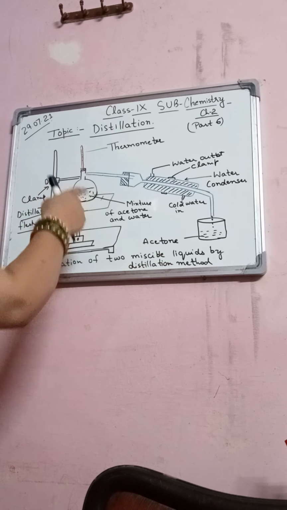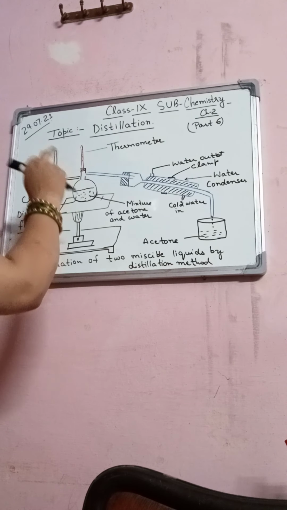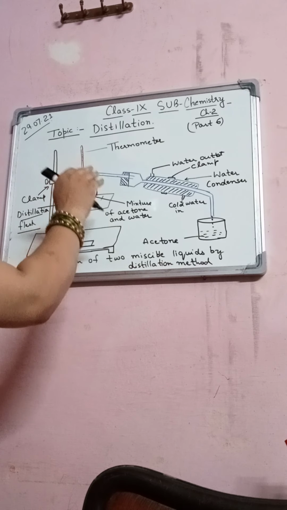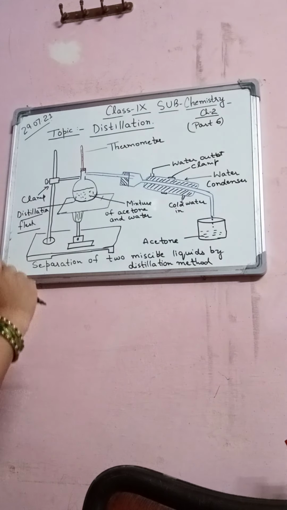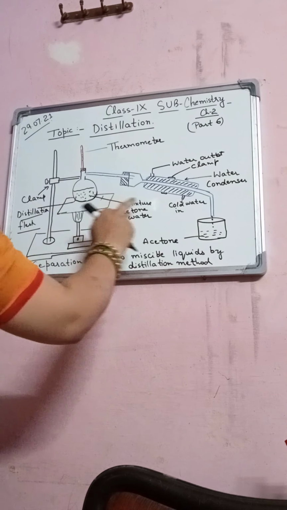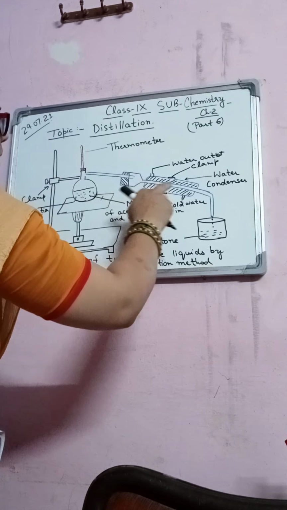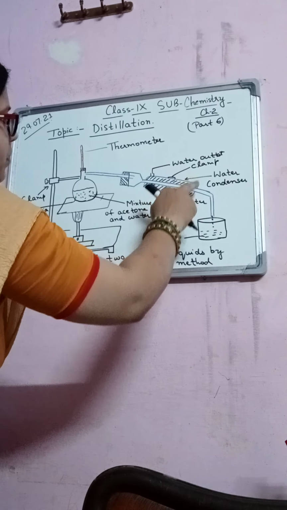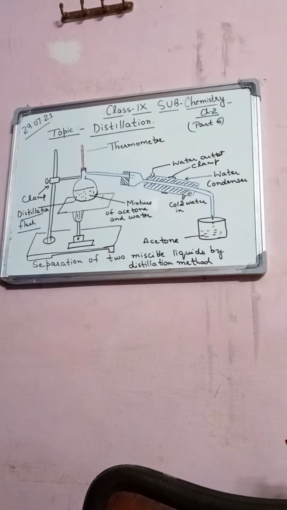The acetone vaporizes and condenses in the condenser and can be collected in another beaker. The acetone is collected in another beaker by passing through this tube-like structure, that is the water condenser.